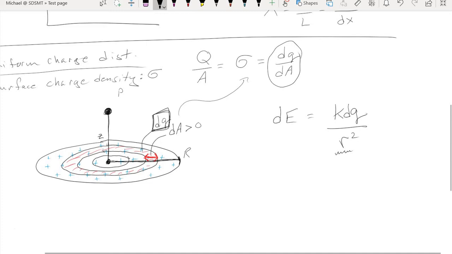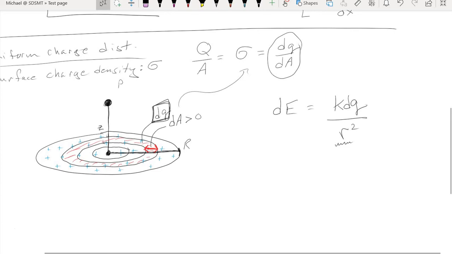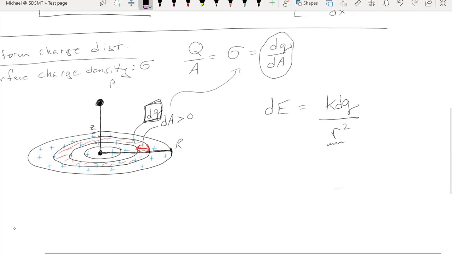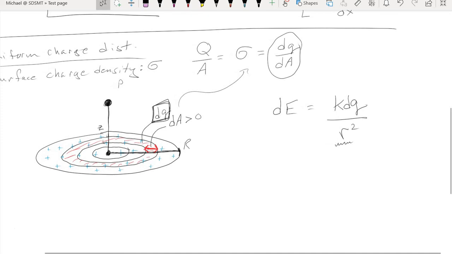And it's at this point that I need to make a slight adjustment to our notation. I don't want to use little r to measure this distance, even though we've been using little r in all of the other derivations.